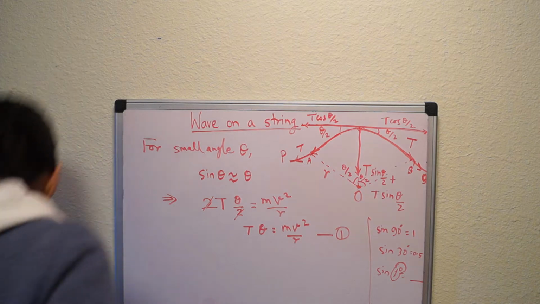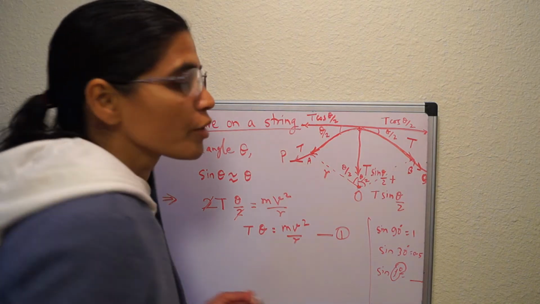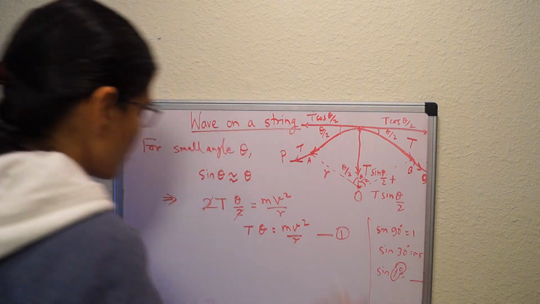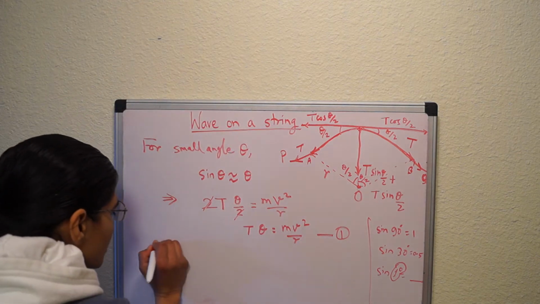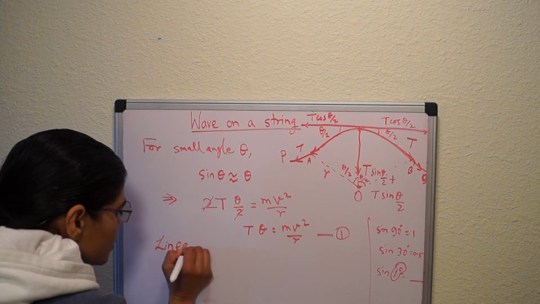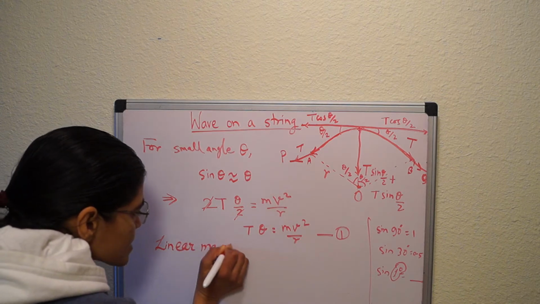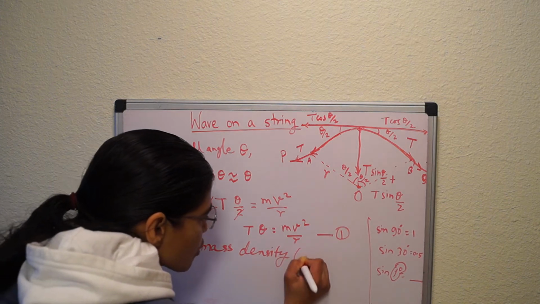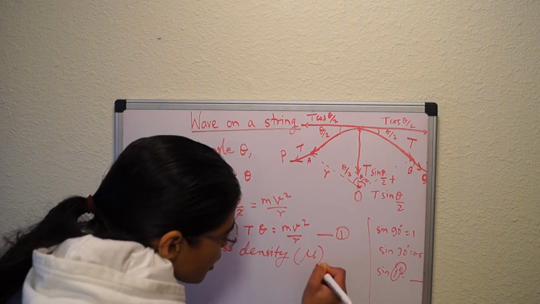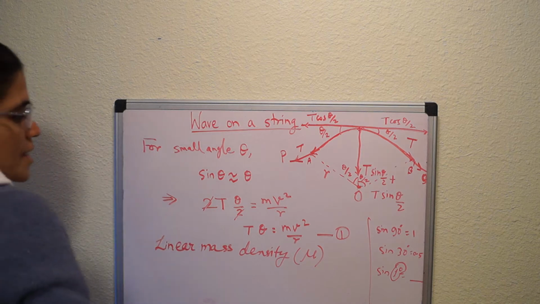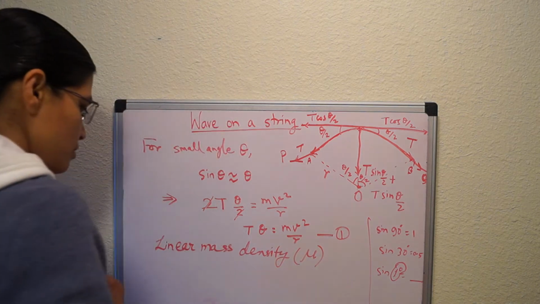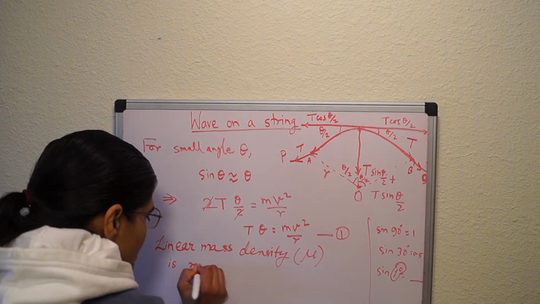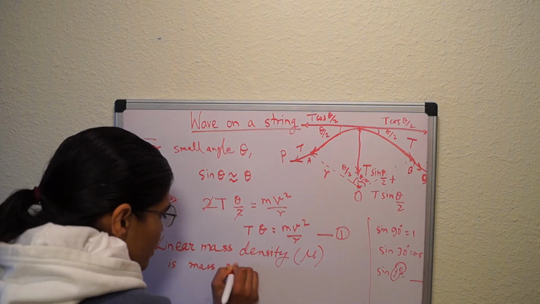So to avoid that, we can define a quantity called linear mass density. Let's label it as mu, a Greek letter. Linear mass density is mass per unit length.